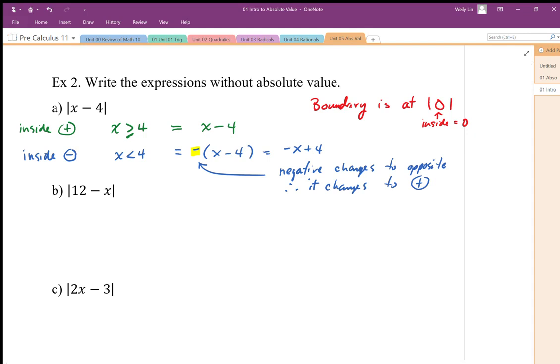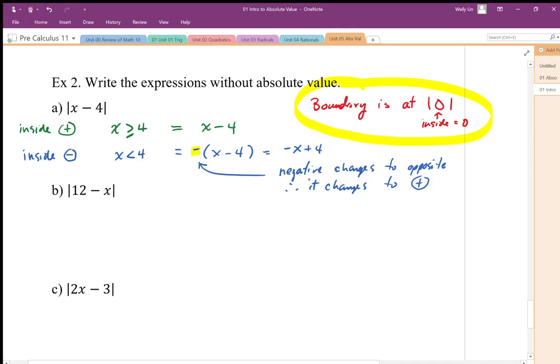So this is what we call a piecewise function. For different domains, it's going to behave differently. This has two different domains. The big idea, a key idea, is that the domain boundaries are determined by where the inside is equal to 0.